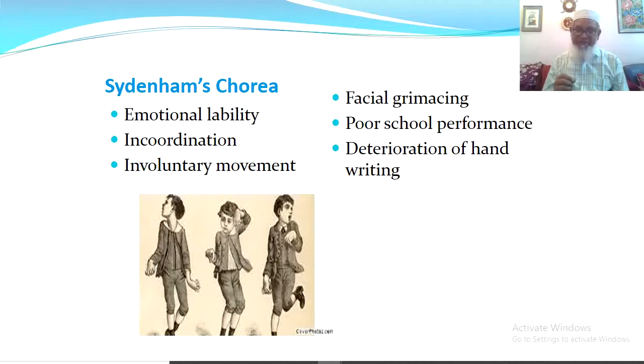Sometimes Sydenham's chorea is diagnosed, and its progress is assessed, by the handwriting.